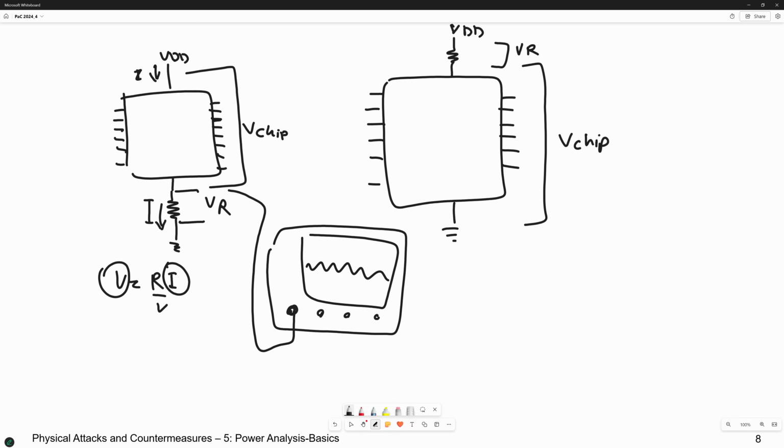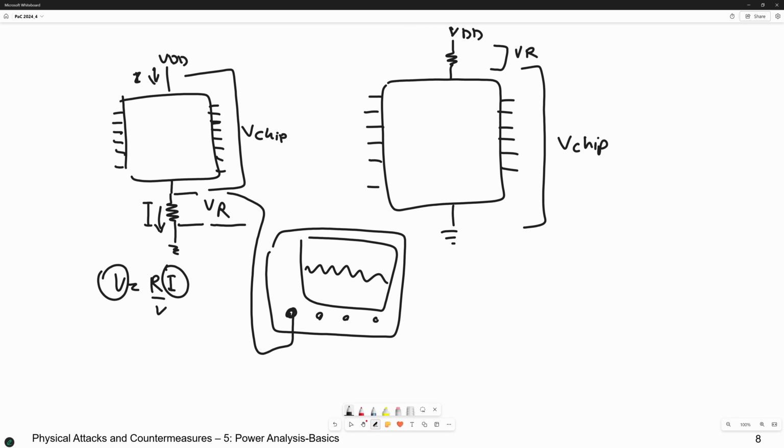These cables of the oscilloscope should be shielded, meaning the body of the cable should be connected to ground. One of them connects here, meaning the ground or shield of this, and the other one is connected to the other side of the resistor. That means that there are two lines.